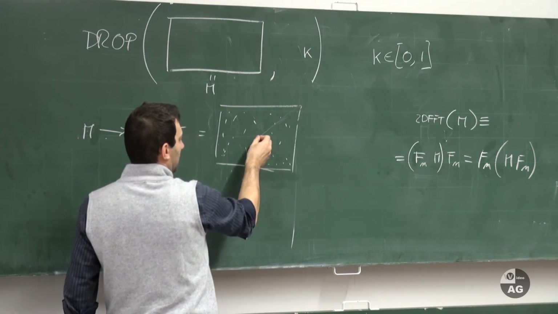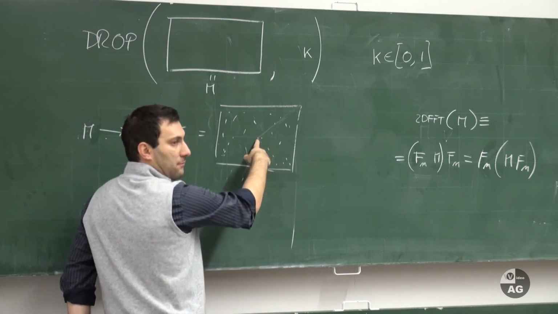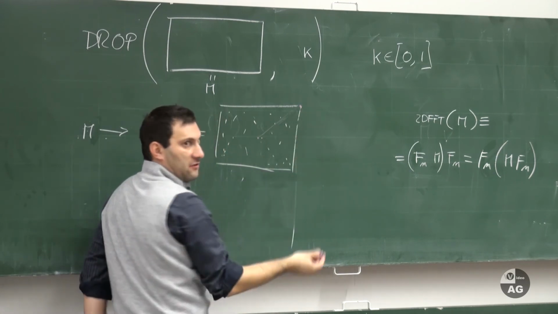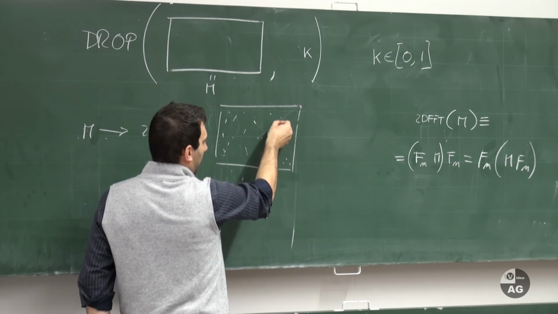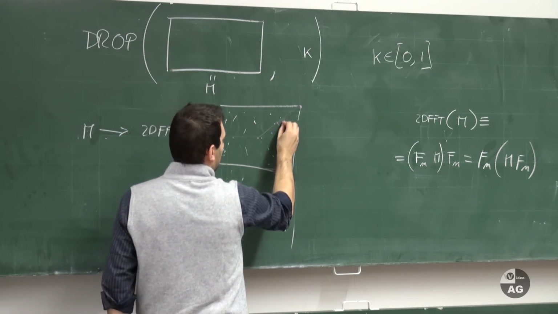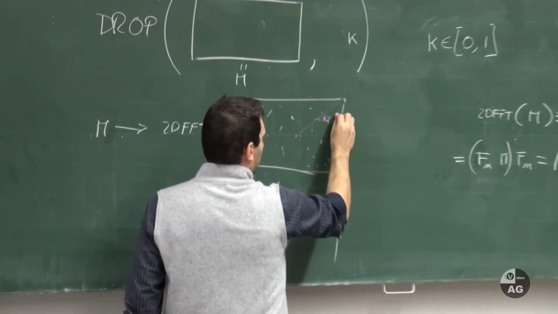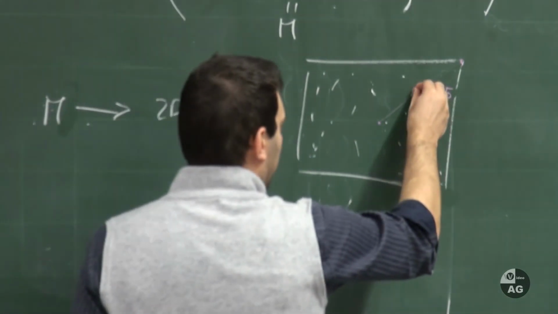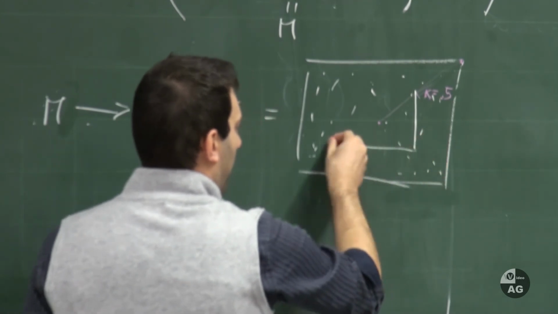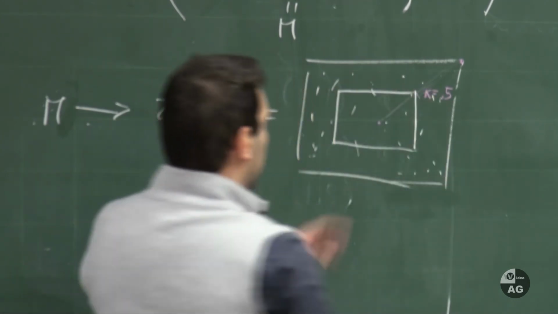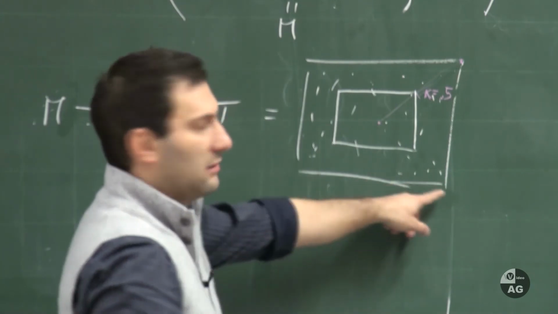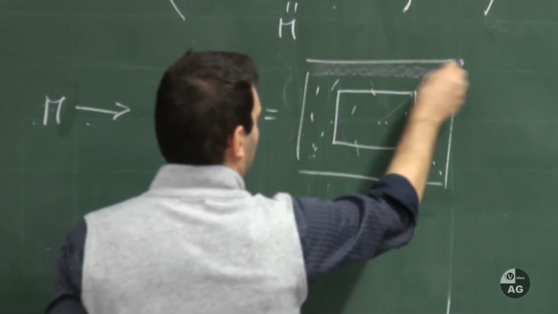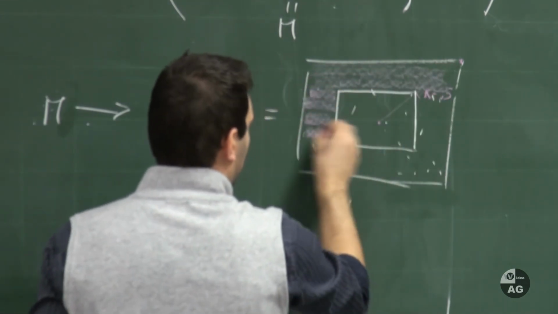So if k is 0, you're exactly at the center. If it's 1, you're up here. If k is a half, you are here at half. So this would be k equals 0.5. Okay, and what do you do? You build a rectangle that has the same aspect ratio as the image, and you kill everything outside of the rectangle.